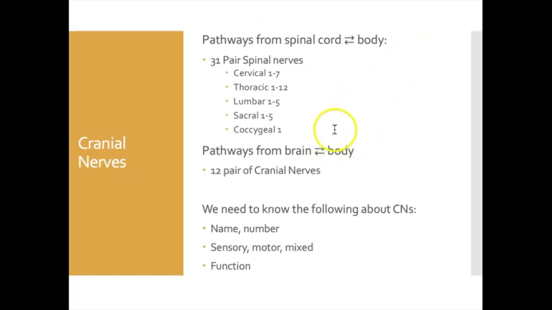But sometimes the spinal cord is removed from the pathway. Sensory information can travel from the body directly to the brain through cranial nerves. Motor information can travel from the brain directly to the body through cranial nerves.